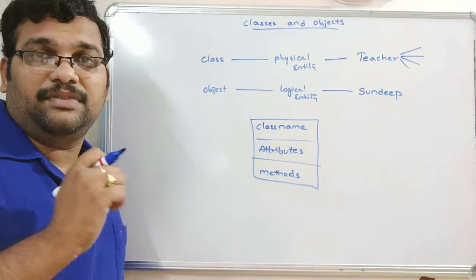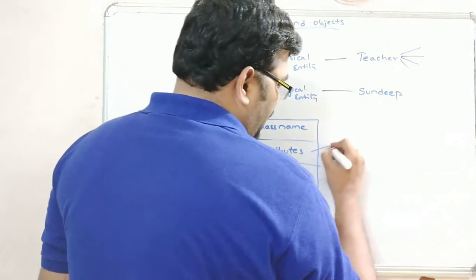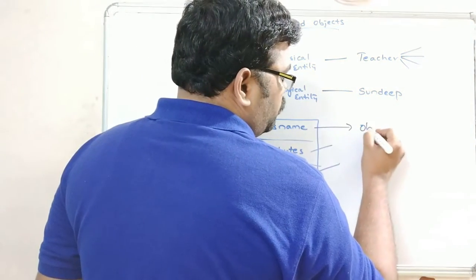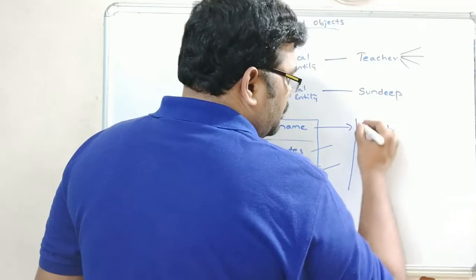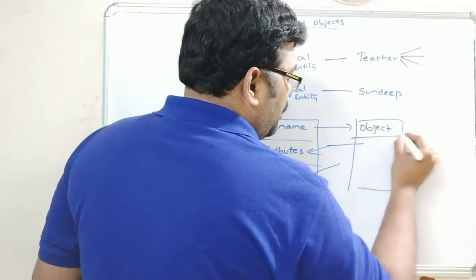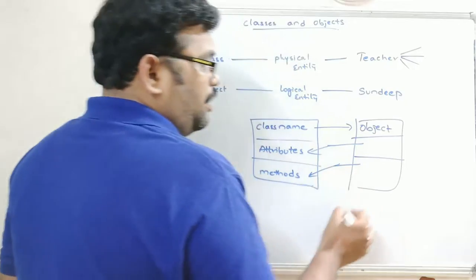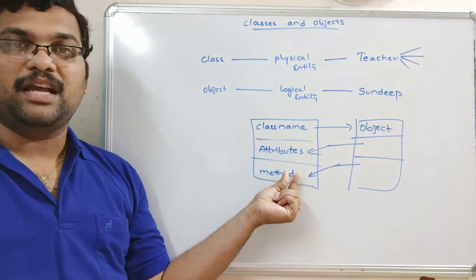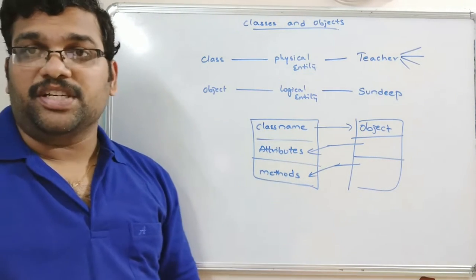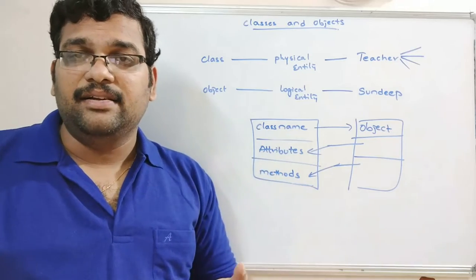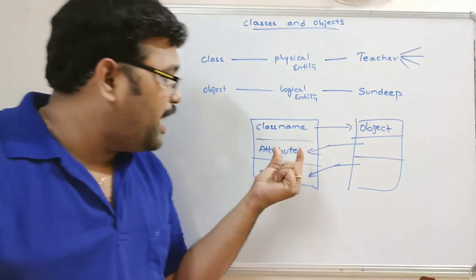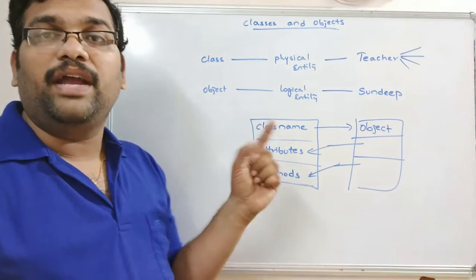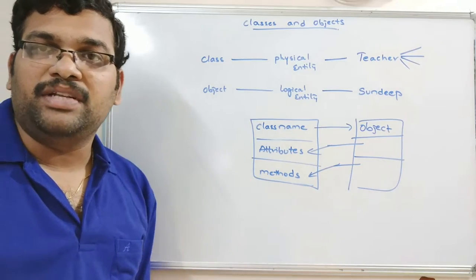Only through structure variables. Similarly, in order to access these attributes and methods, objects should be created, and through the object the attributes and methods can be accessed. So if you create any class, an object should be created, and only through the object we access the attributes and methods.